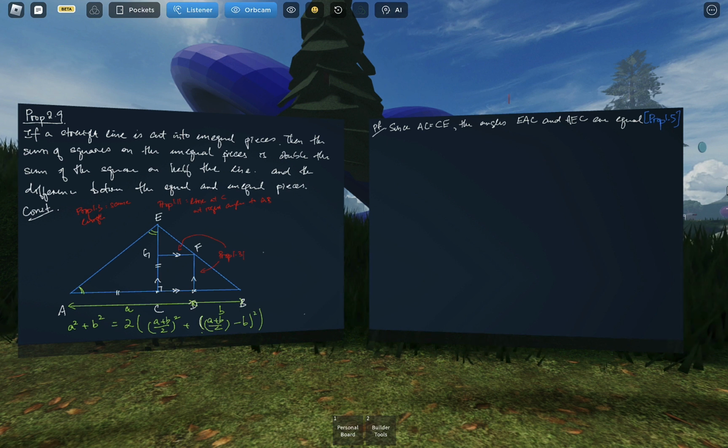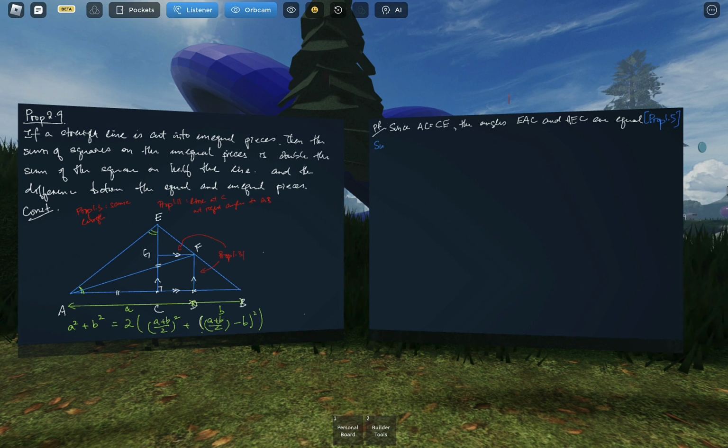Actually, there's one more thing I forgot to do on this diagram. Let's join up this line here. We're going to use this line a little bit later in the proof, but let's draw it in for now. So EAC and AEC are equal, the two angles marked in green.